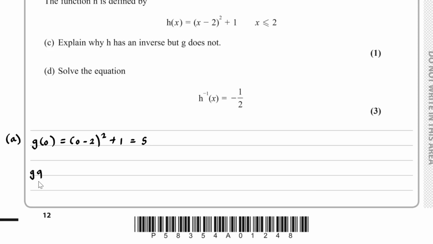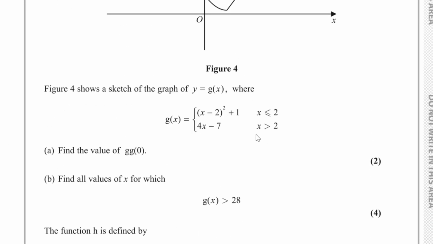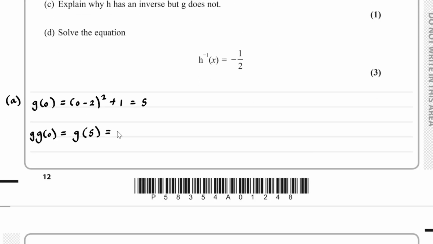So g of 0 is the same as g of 5. And 5 is greater than 2, so we use the 4x minus 7 bit. So we have 4 lots of 5 minus 7, which is 13.